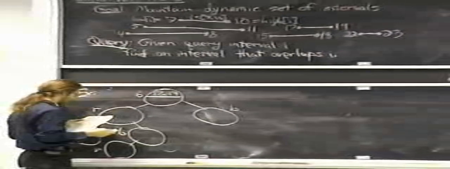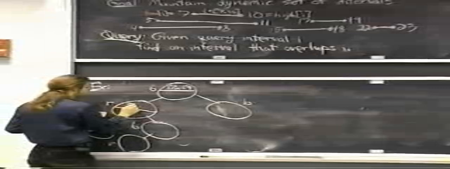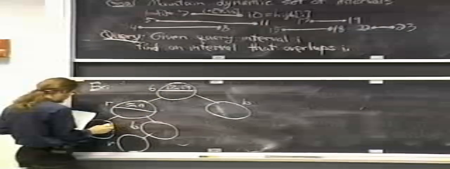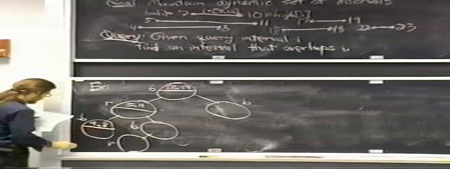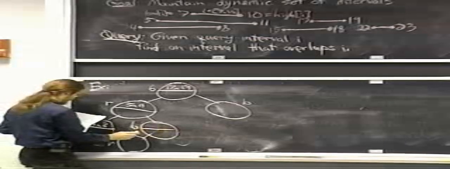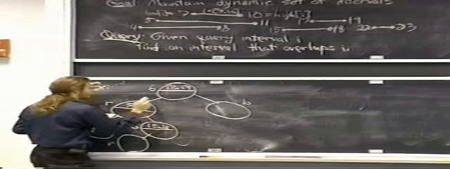Okay, so let's say, I put 17, 19 at the root. I'm sorting by left coordinate. Okay, so 5 comes before 17, 4 comes before 5, 15 comes in between 5 and 17.